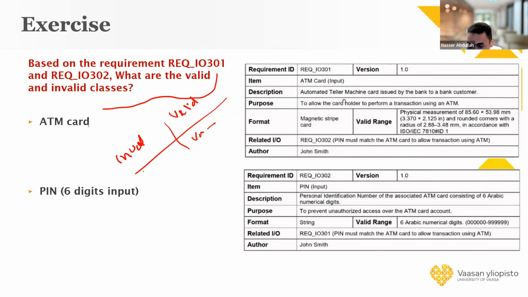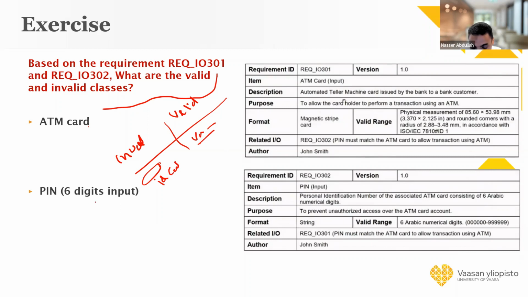Invalid is any other card, for example a library card, your ID card, a TV card, many cards. This is the valid one: Visa card, MasterCard, anything. So guys, from this example, not only numbering, anything can be divided into valid and invalid, or can be tested using this technique, partition testing.